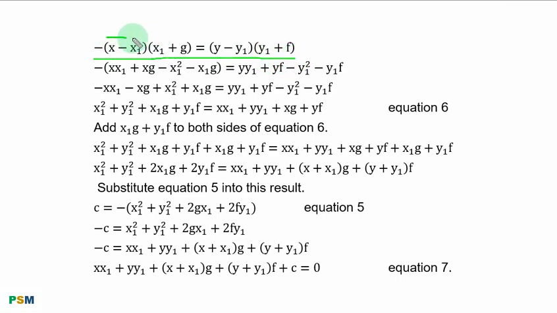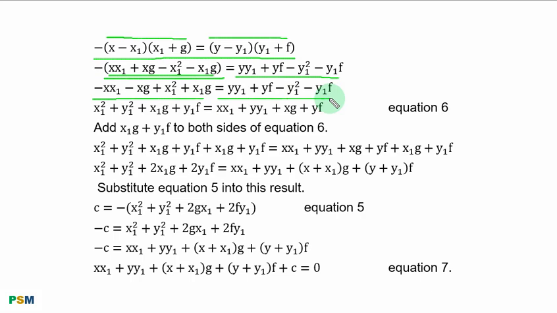Expand these two brackets, you have this result. Expand these two brackets also, you have this result. Open this bracket with the minus sign, you have this result equal to this.